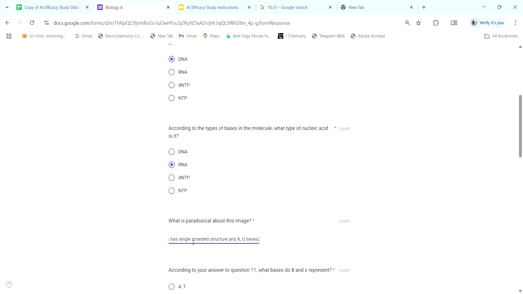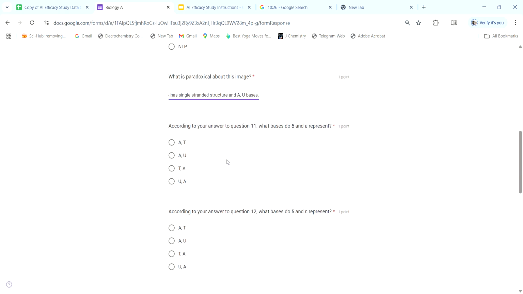So according to your answer to question 11, what bases do delta and epsilon represent? Adenine thymine, adenine uracil, thymine adenine, uracil adenine.